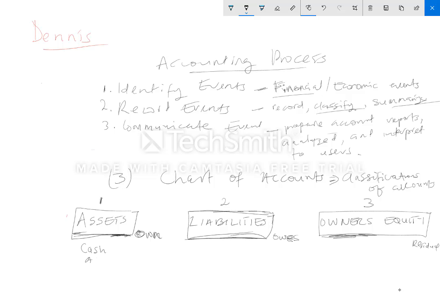You have account receivable, you have supplies, equipment, prepaid insurance. So this is all that your company has under your assets.